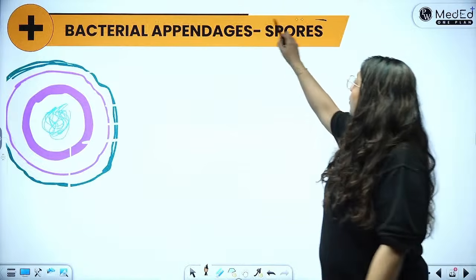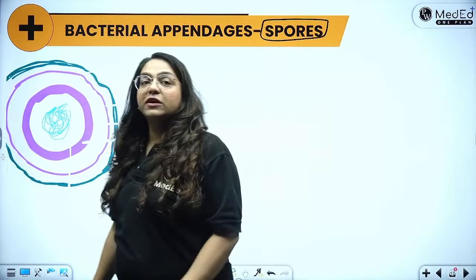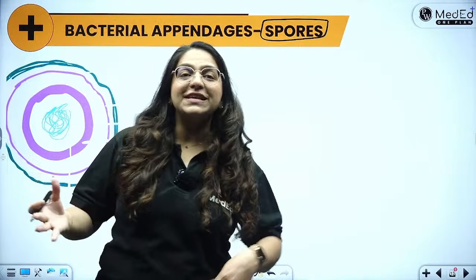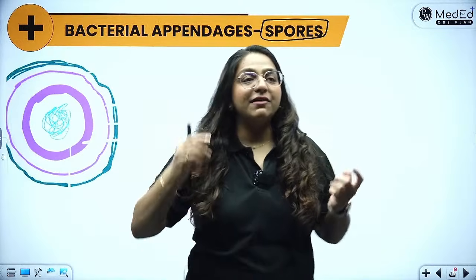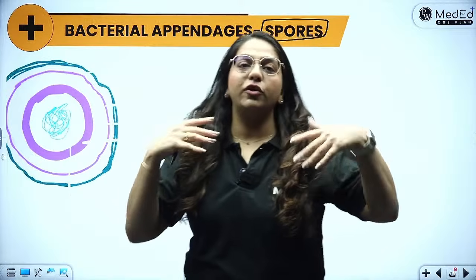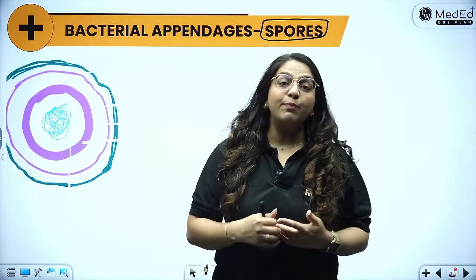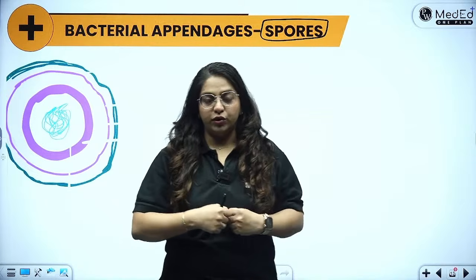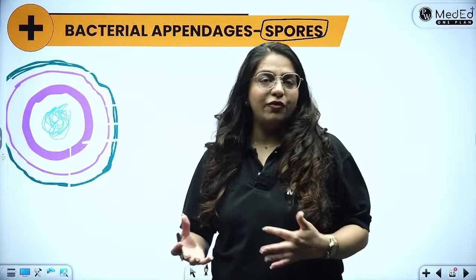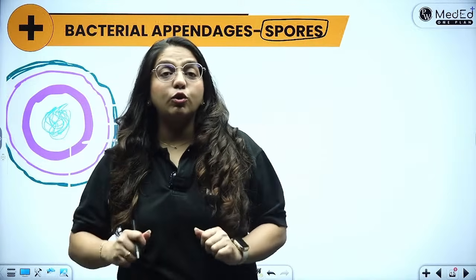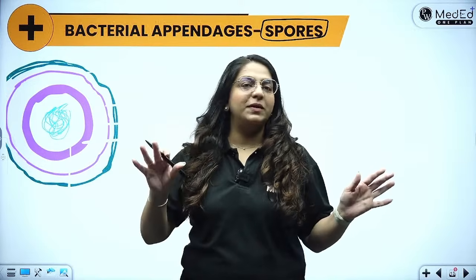Now, spore. Many people tend to confuse capsules and spores, right? Like I always tell you, a capsule is like a well fitted tailored suit of the bacteria, whereas a spore is like an overcoat. A suit can be a part of the daily wear of any person, whereas a coat only comes out in unfavorable conditions, right?